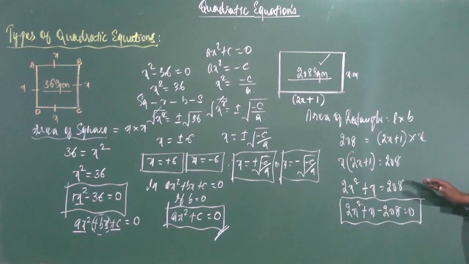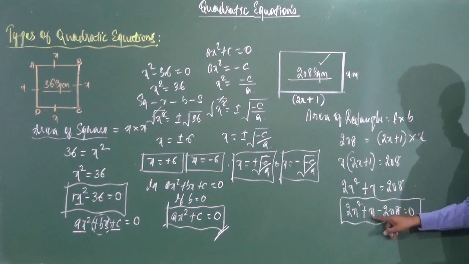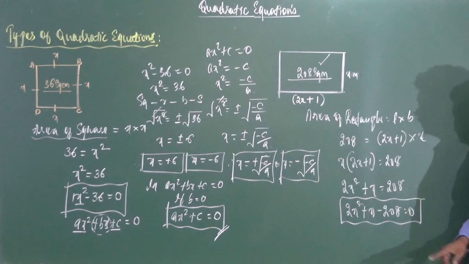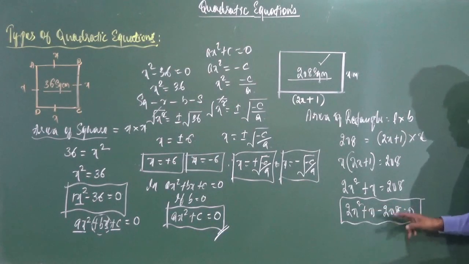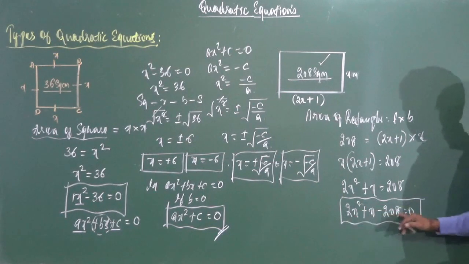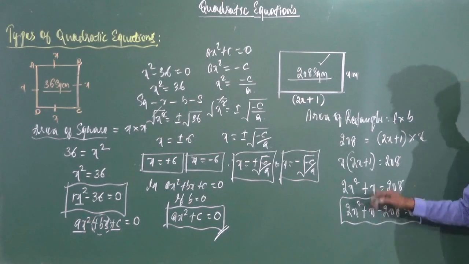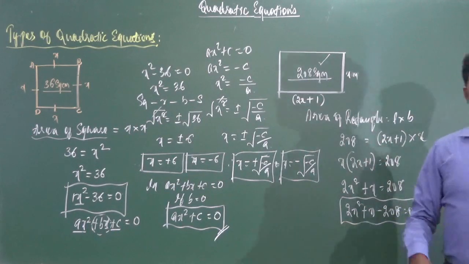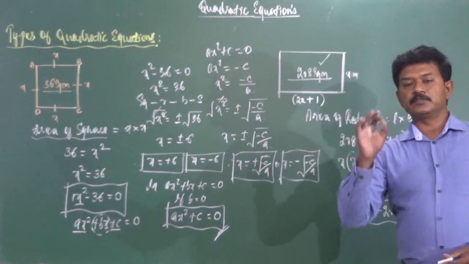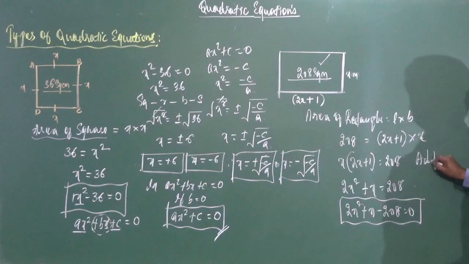If you observe this particular equation here, the variable x exists in degree 2 as well as in degree 1. It exists in both the degrees, and also we have the real constant, right? So in a quadratic equation, if the variable exists in degree 2 as well as in degree 1, then these types of quadratic equations are called affected quadratic equations.